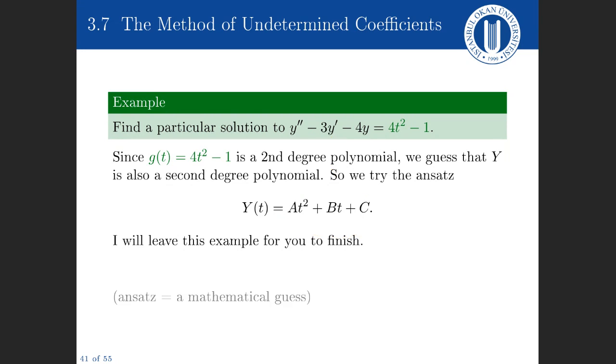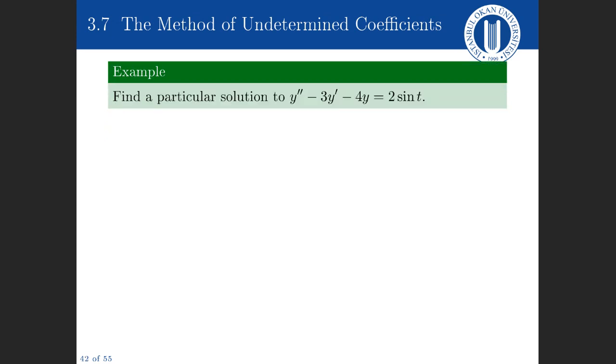There's a new word on this page, perhaps a new word for you. This word ansatz means a mathematical guess. I'm going to start using this instead of using the word guess. For example, find a particular solution to y double prime minus 3y prime minus 4y is equal to 2 sine t.